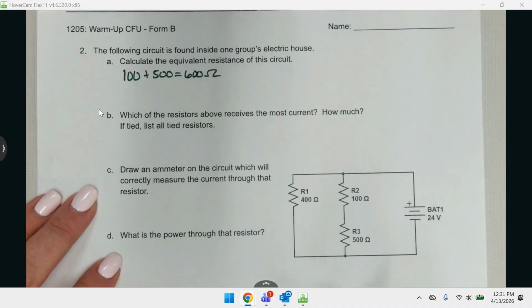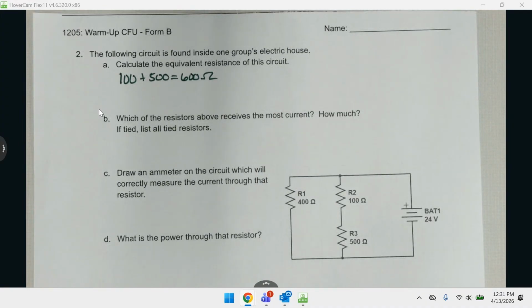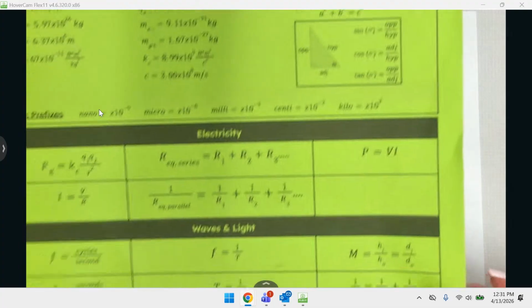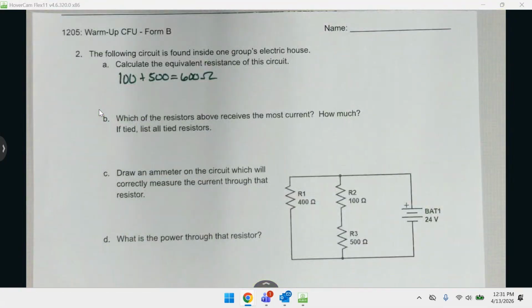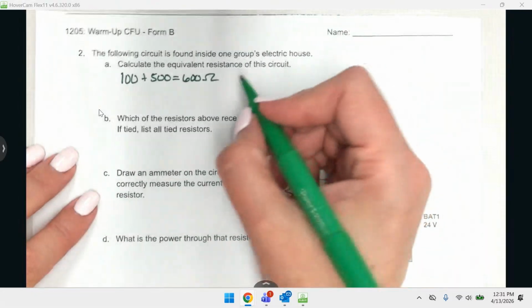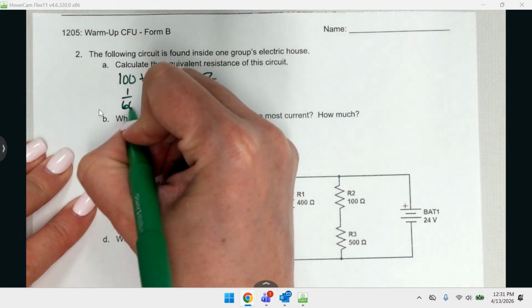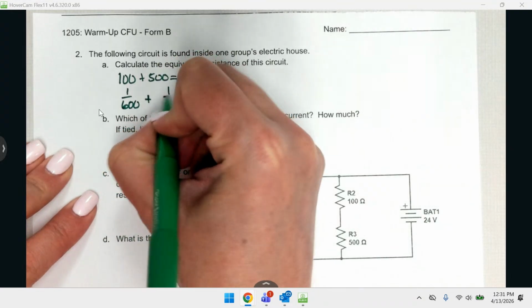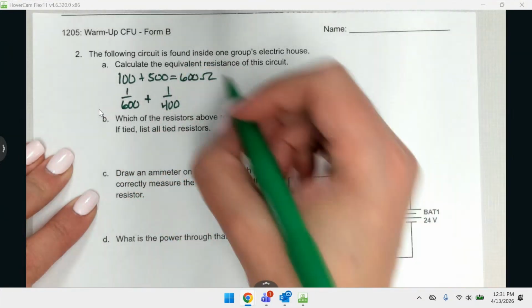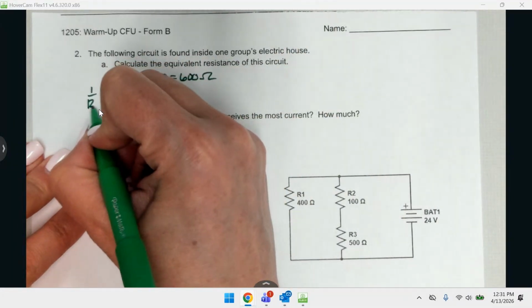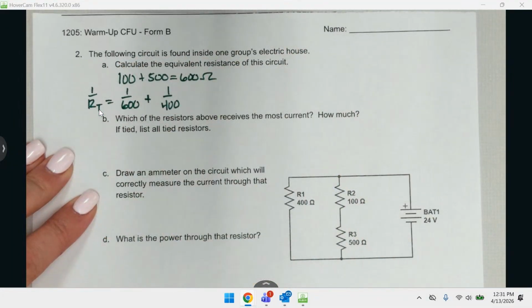When you do the parallel calculation, again, you're going to be using the equation for calculating equivalent resistance in parallel. That's this one with all the fractions. And so when we do this, we will have 1 over 600 plus 1 over 400, because that is in parallel with this, and that will be equal to 1 over RT for the circuit.